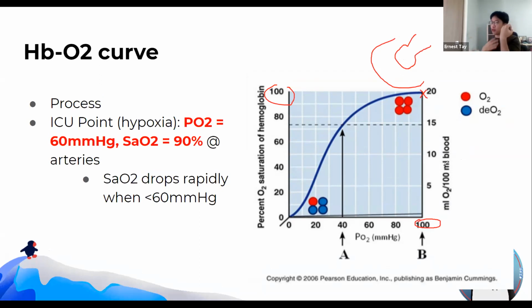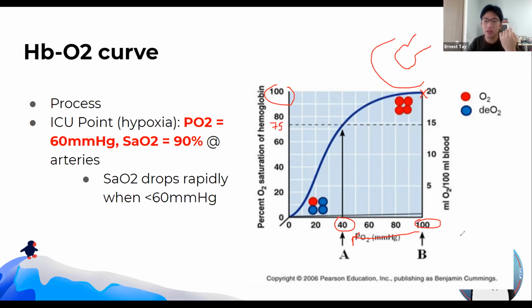Subsequently, as you move through your body, and oxygen gets diffused out to your tissues, the pressure of oxygen decreases. Usually it will decrease down to around 40, if you remember our values. And then it will have a corresponding decrease in the hemoglobin saturation, so it's around 75.